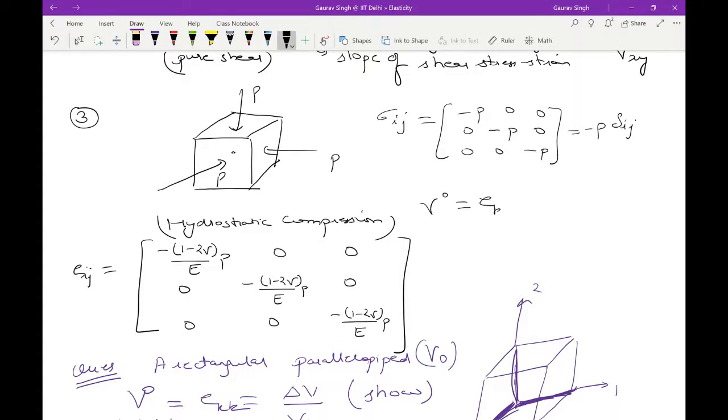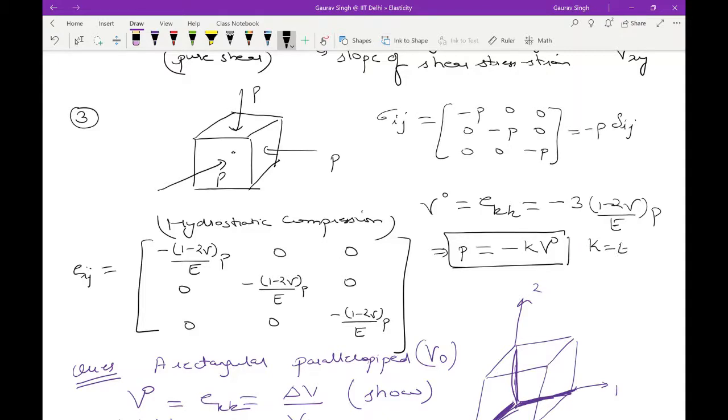That would be e_kk, and that would be minus 3 times (1 minus 2 nu) by E times P. Or this can be written as P is equal to minus kappa times the dilatation, and kappa, as you know, will be equal to E by 3(1 minus 2 nu).